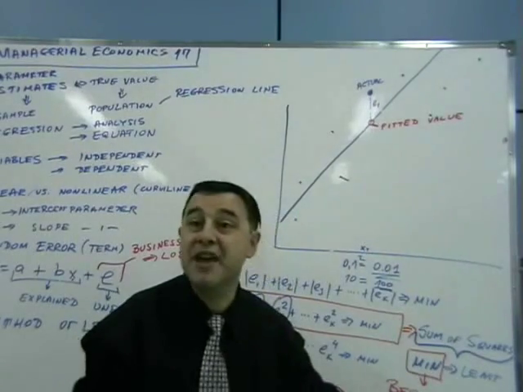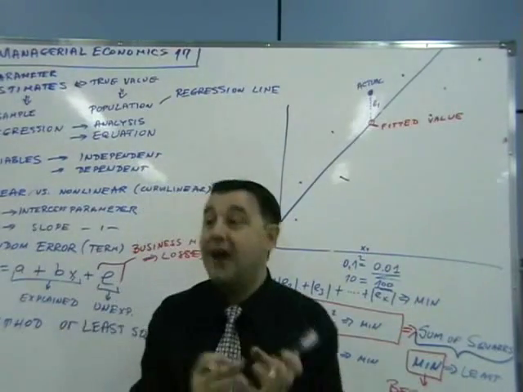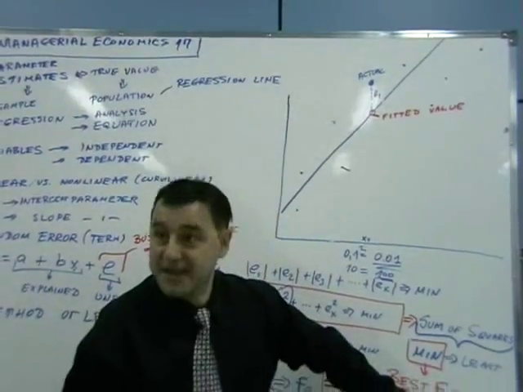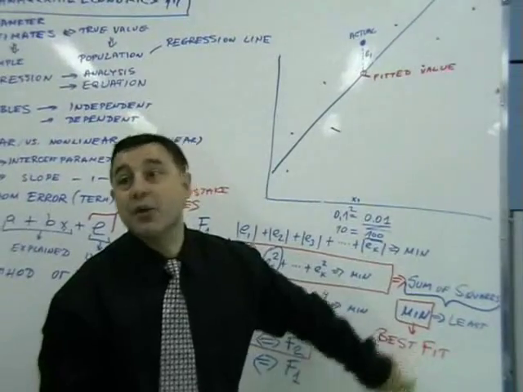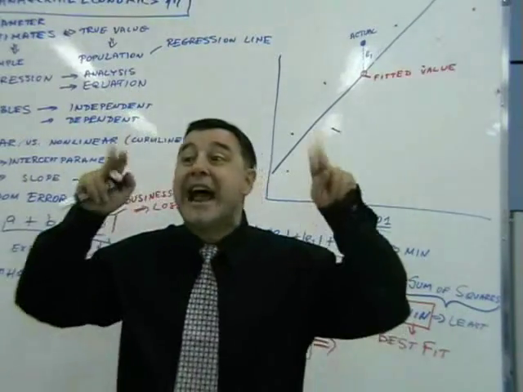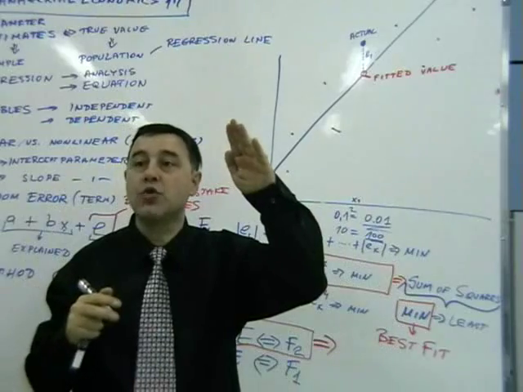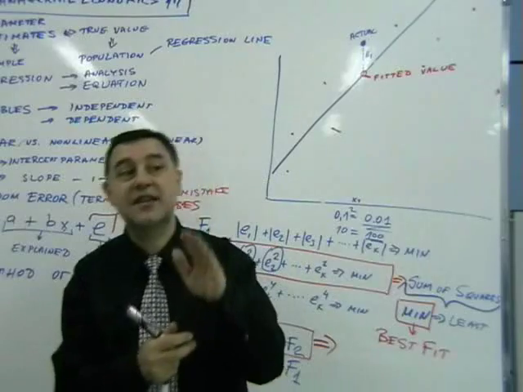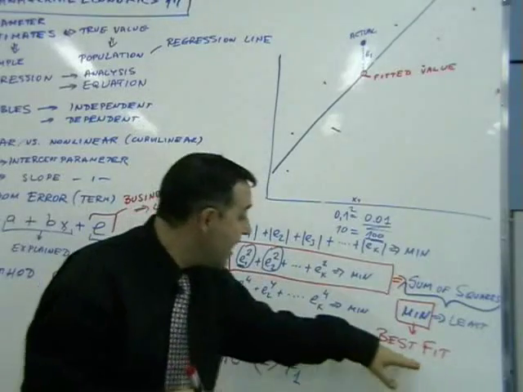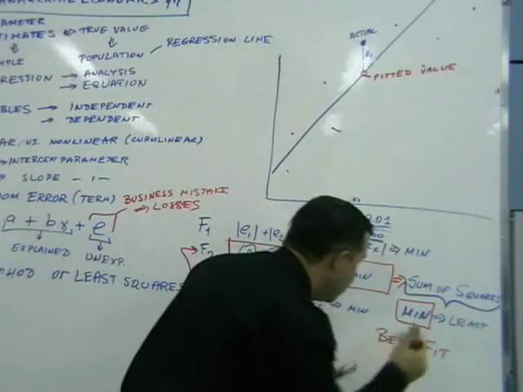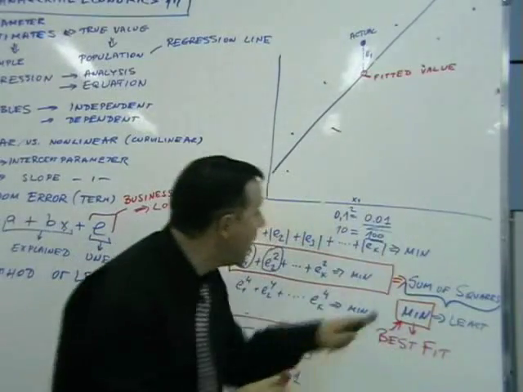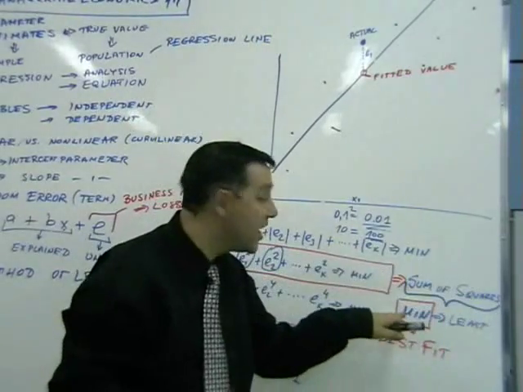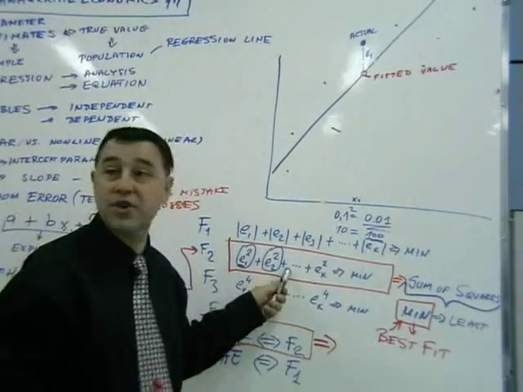Best fit simply means the line, and now I'm using a tautology, which fits best to the data. In other words, this is the line which is somehow closest to all observations. So this is what fit means. Fit means it fits the data. It is close to the data. And best, again, is represented by the sense of a minimum. The minimum sum of squares. And of course, we get it by minimizing this particular function.